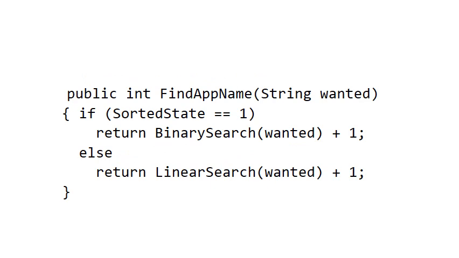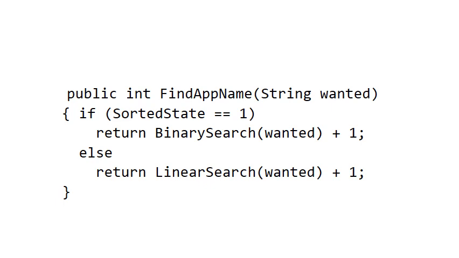And the place where we use the sorted state the most is when we're searching for something in the list. This method, called FindAppName, takes in the name of an app and then it tries to find that app in the list. If the list has a sorted state of 1, which implies that the list is sorted on name, then we can use the binary search, because the binary search is a search that works on a sorted list.